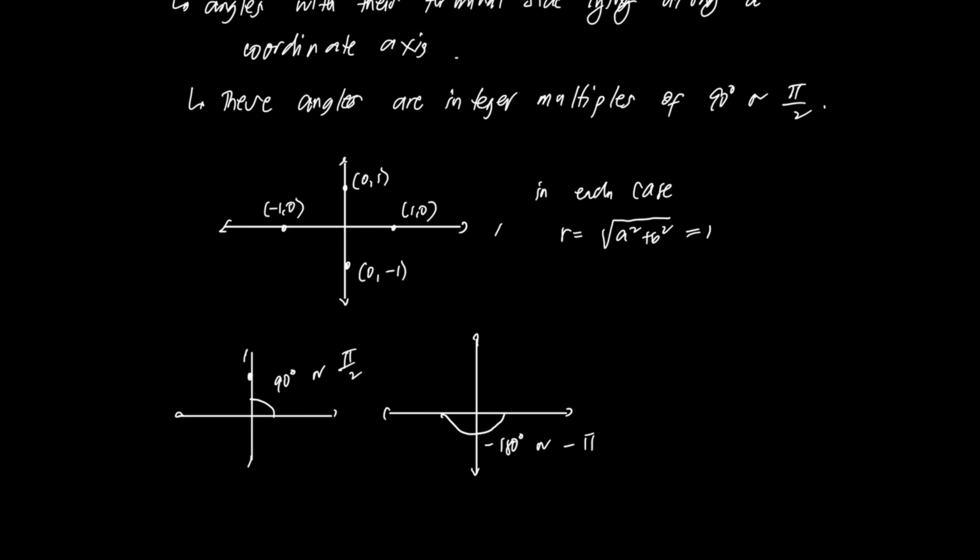These angles are examples of quadrantal angles. So in each case, take note that r, which is the square root of a squared plus b squared, is equal to 1. So that's a positive number.